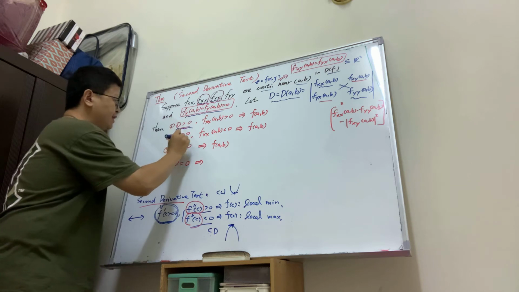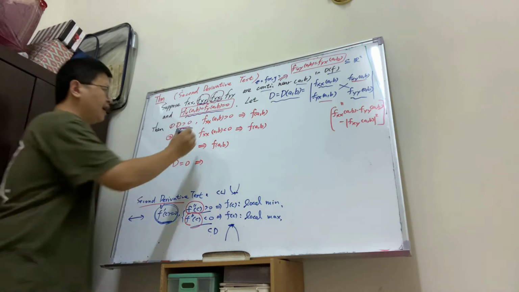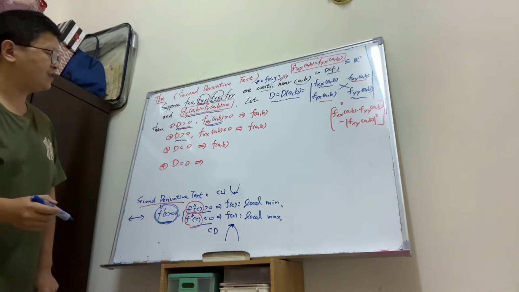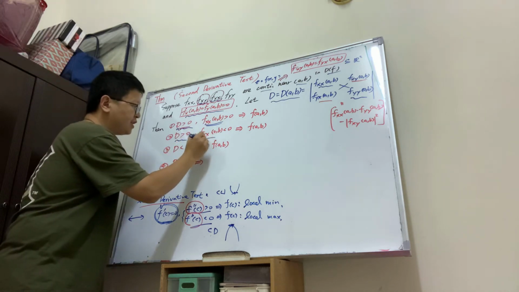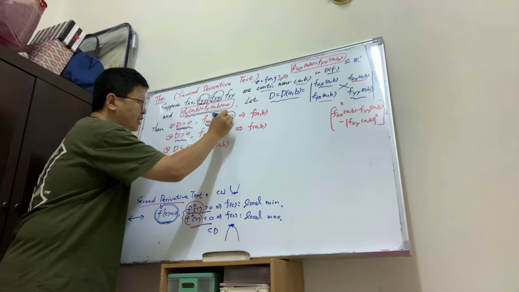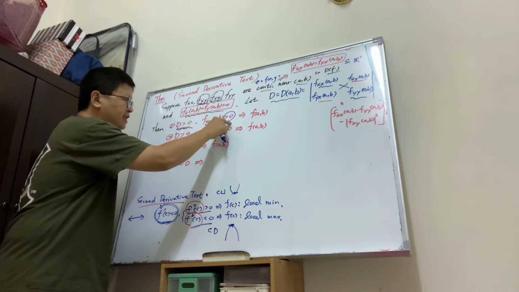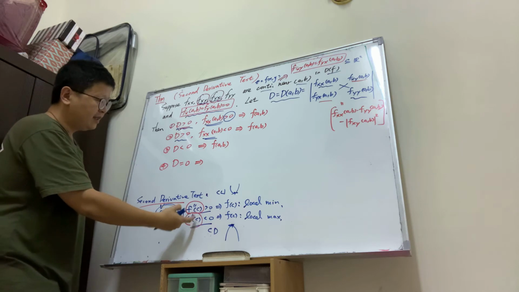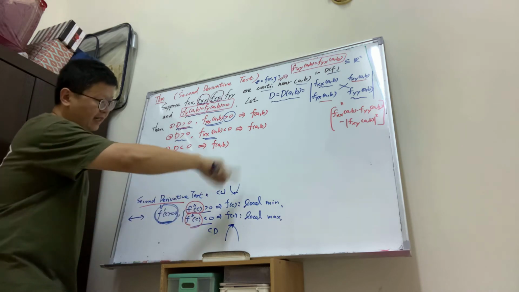If it's positive, then we should consider f sub xx, the second partial derivative by x. If the second partial derivative is positive, then it's like this one.